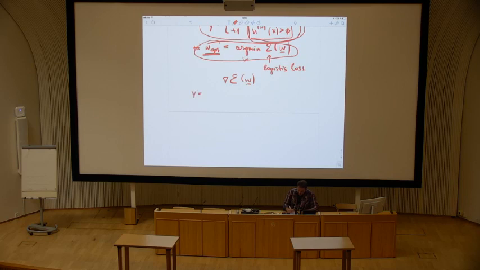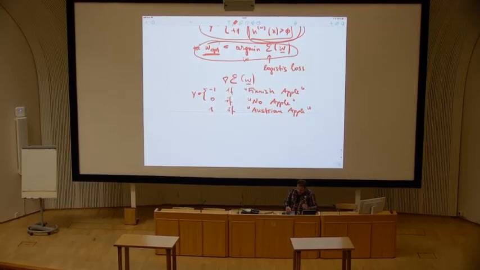So y might be -1 if the drawing shows a Finnish apple, 0 if no apple, and 1 if the drawing shows an Austrian apple. But they taste very similar, by the way. So this is a multi-class problem. Here we have three classes.